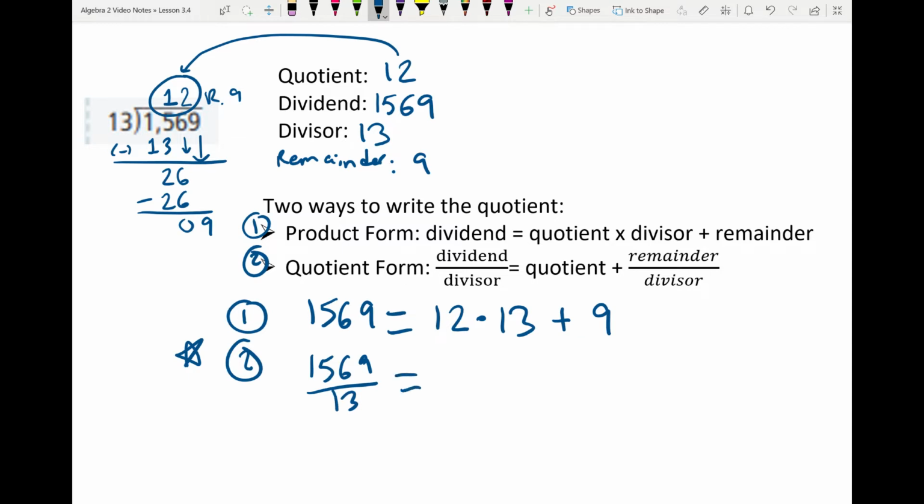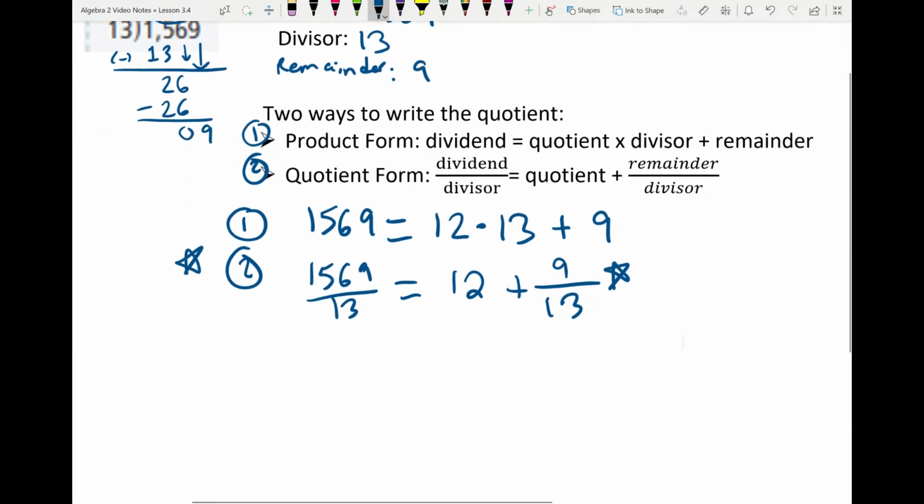Well, that's equal to 12 plus remainder of 9 over the divisor of 13. So that's another way of writing the quotient form. So like I said, this is the way that we usually prefer to write it in. But you will see both forms. I will ask you to write both forms. But quotient form is actually the standard.